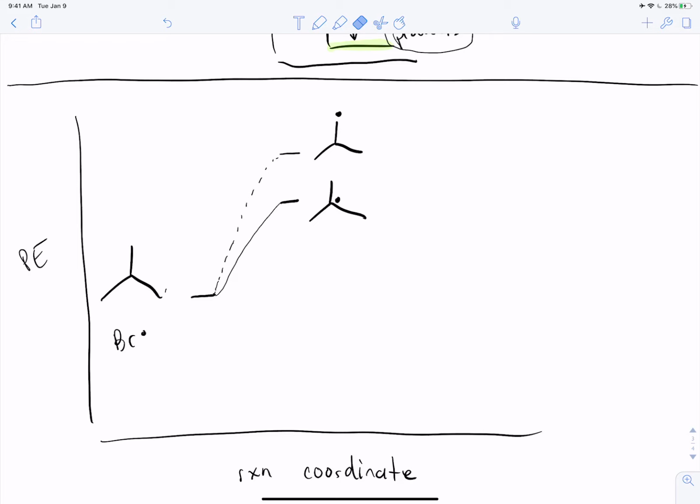When I go down to my products, am I worried about my products here? Oh, I see what my problem is. It helps when you're talking about transition states if you actually draw out the transition states.